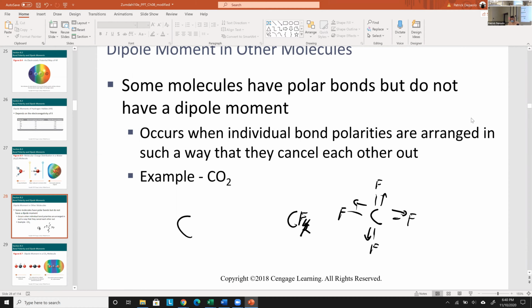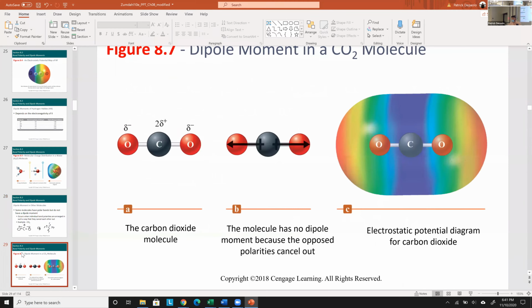And then CO2, same thing. CO2 is actually like this. So the dipole moment will go towards the oxygens, but the net dipole is going to be 0. And here we see that over here. So the net dipole is going to be 0.